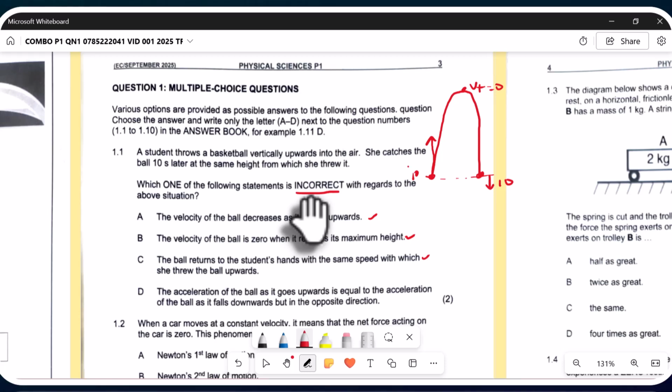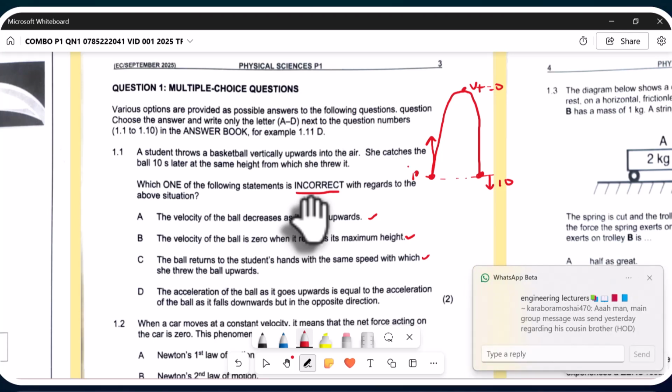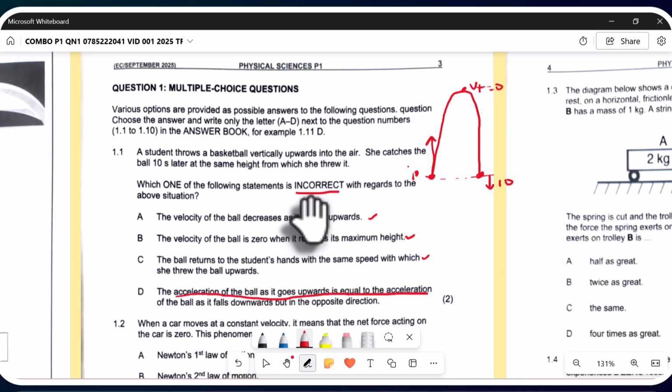Then they say part D. The acceleration of the ball as it goes upwards is equal to the acceleration of the ball as it falls downwards, but in the opposite direction. Now, this statement is correct from the start until here. The acceleration of the ball as it goes upwards is the same as downwards.